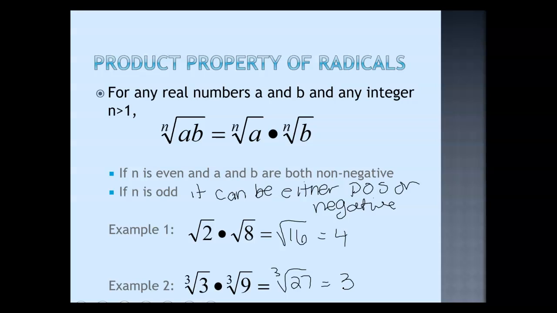The square root means the 1/2. So the rule is that you multiply these and keep your exponents the same. And that's kind of like our exponent rules.